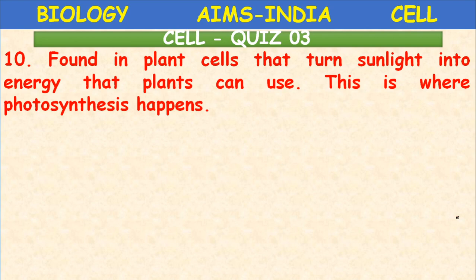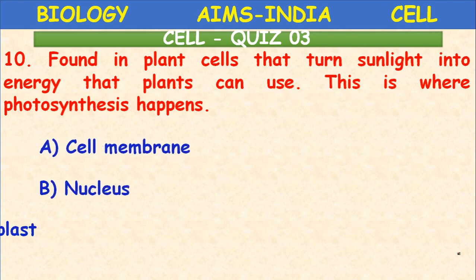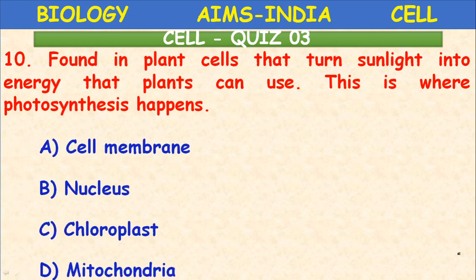Found in the plant cells that turn sunlight into energy that plants can use. This is where photosynthesis happens. Okay. The organelle present in the plant cells which turns sunlight into chemical energy, where that process is called photosynthesis.